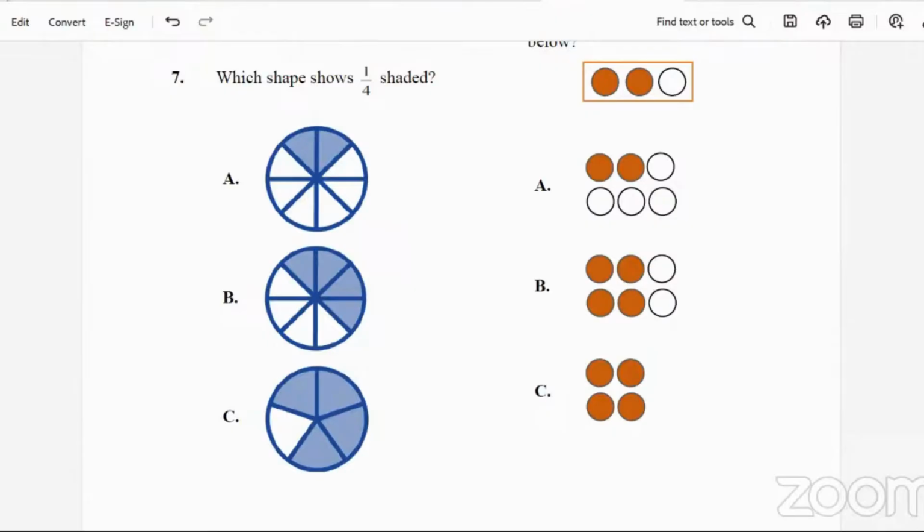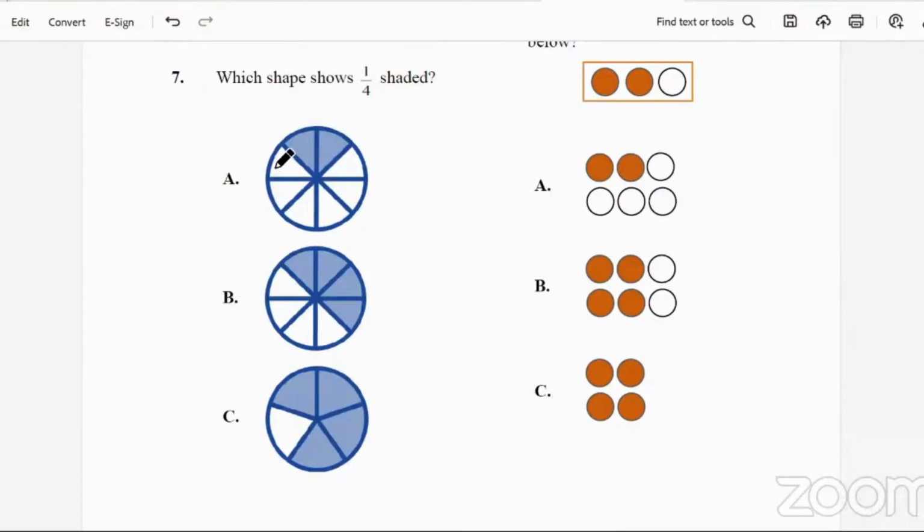All right, so which shape shows 1/4 shaded? If you notice, these shapes do not have 4 parts, okay? So we're going to have to see which of these shapes, based on the number of parts shaded, would give us the equivalent to 1/4 shaded.